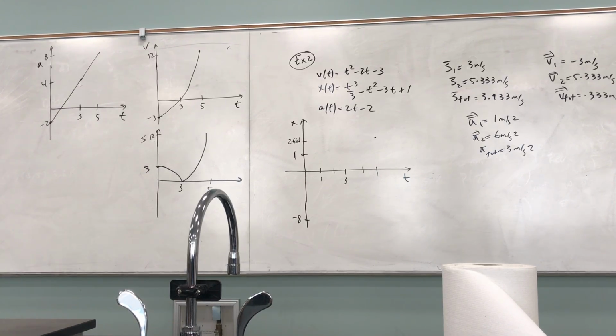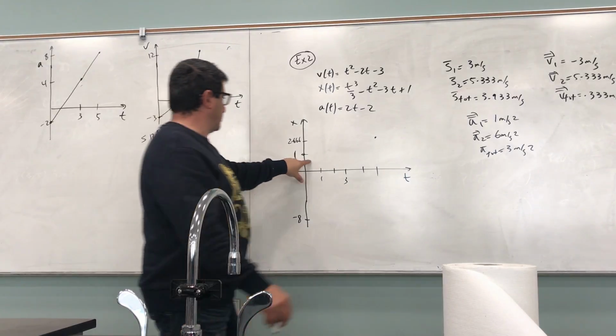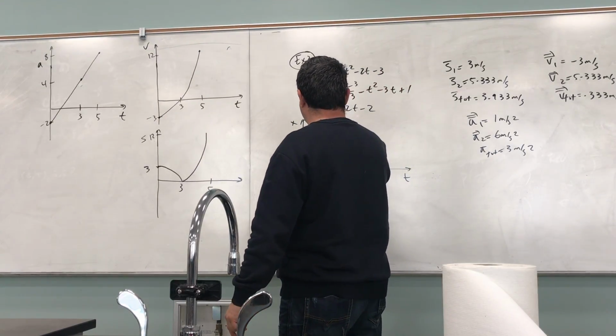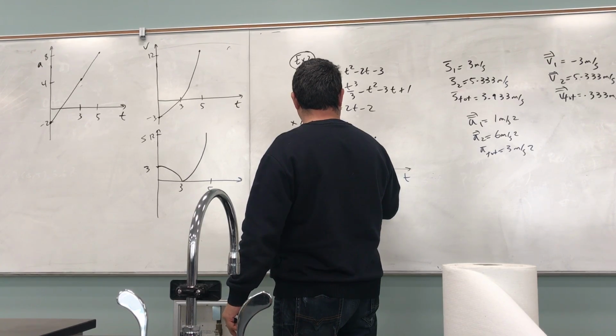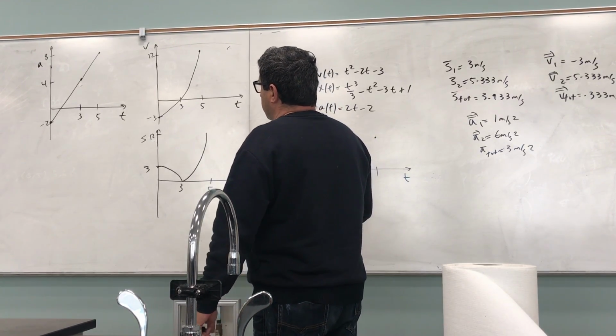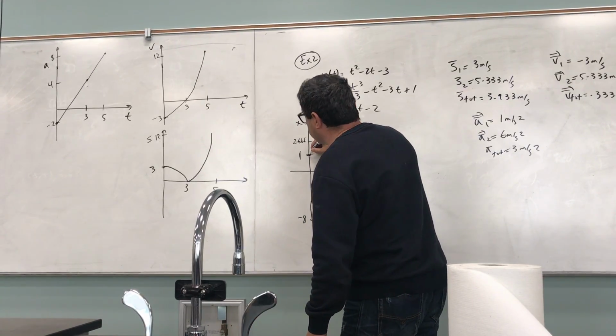Okay, so we have this one. We know that it starts at x equals 1, and then at t equals 3, it ends up at 8. So it looks something like this.